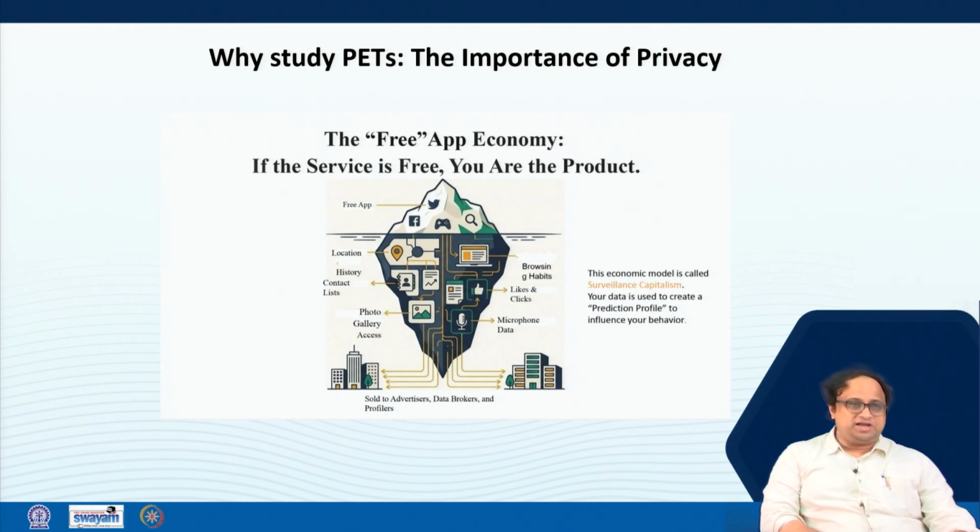We know that we are dealing with several applications that are embedded, and we are every day using several applications. Often there is a term, the free app economy, which means the app is free and everything looks great. There is a famous saying that if the service is free, then who is the product? I as an individual am the product. That basically means that our data is precious.